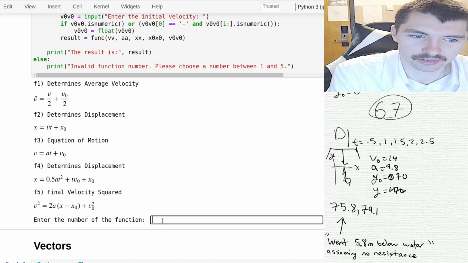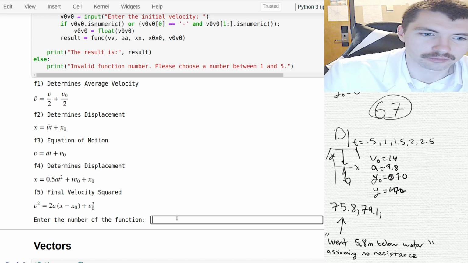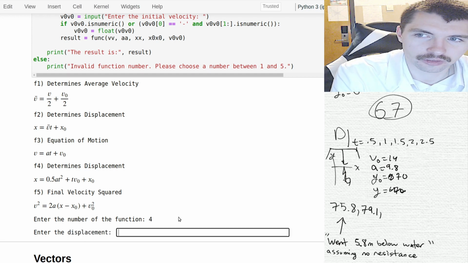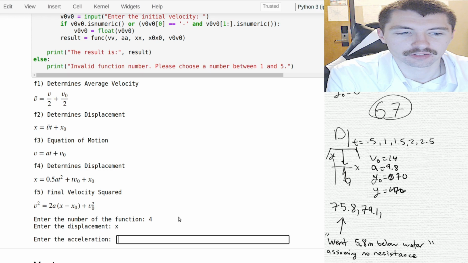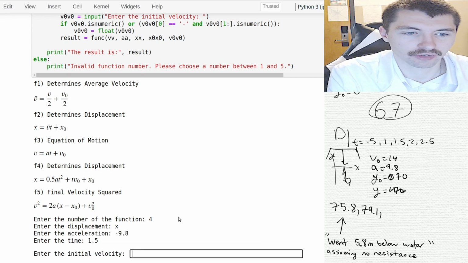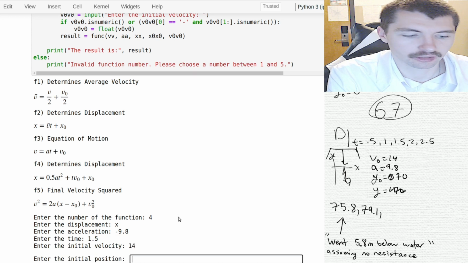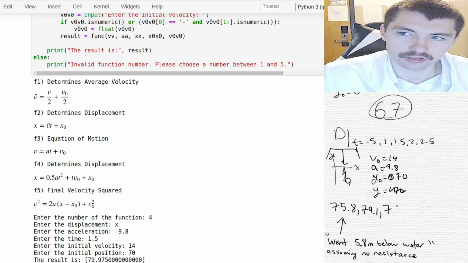All right. So what are we doing? I think we're just doing the next problem. So okay, for displacement, it's x, negative 9.8 times 1.5, 14.70, let's say 80.